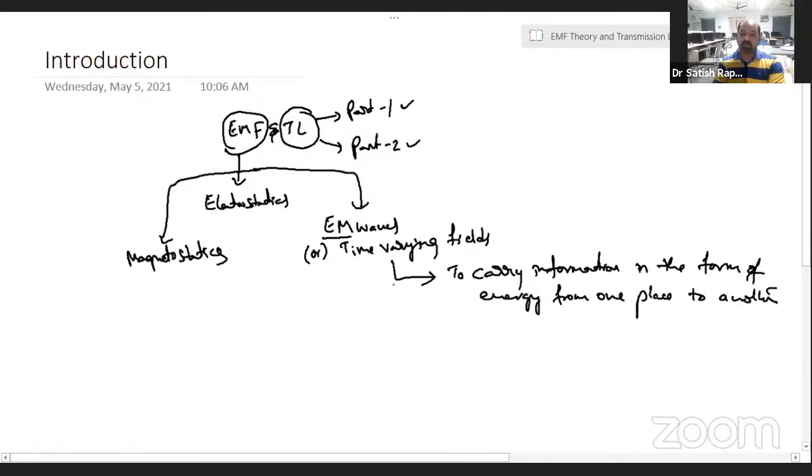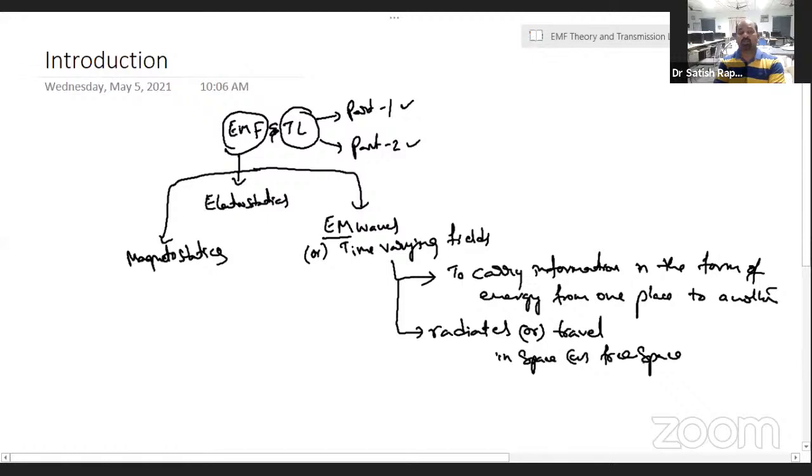So that means EM waves radiate. That means they travel. Travel where? In space, or free space.